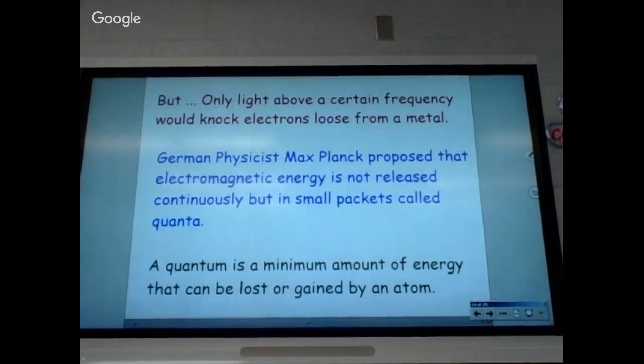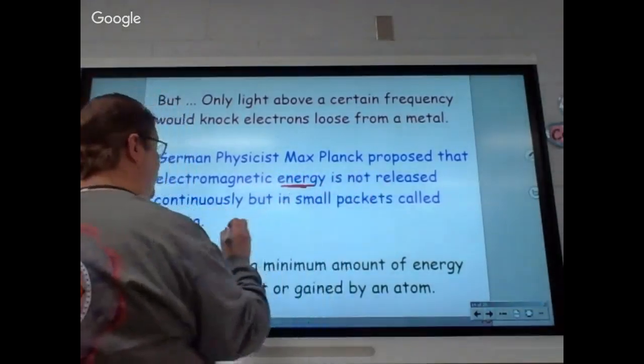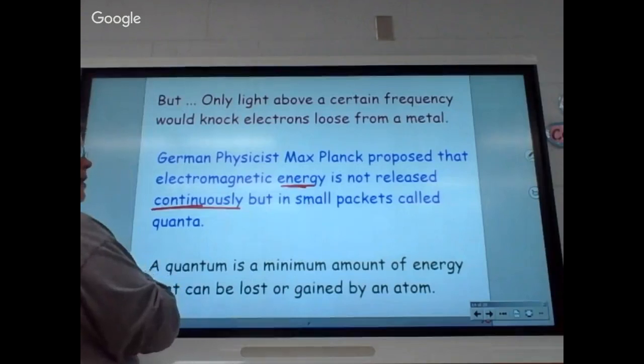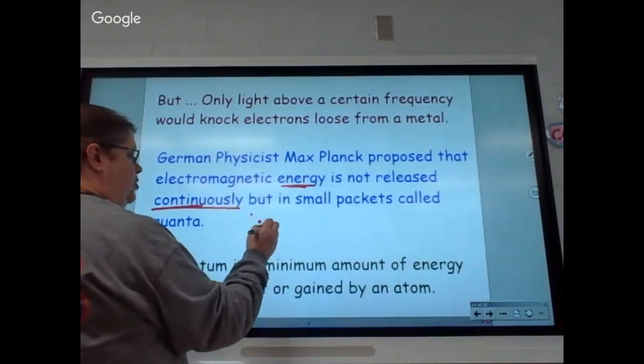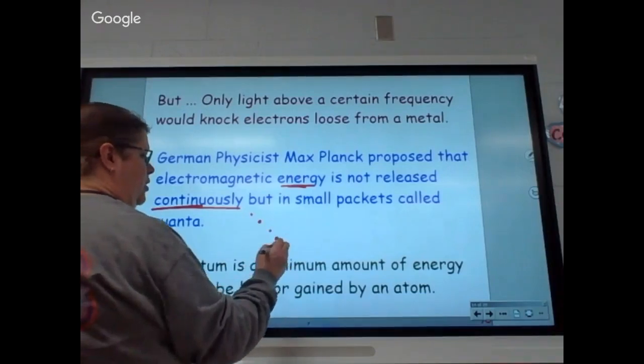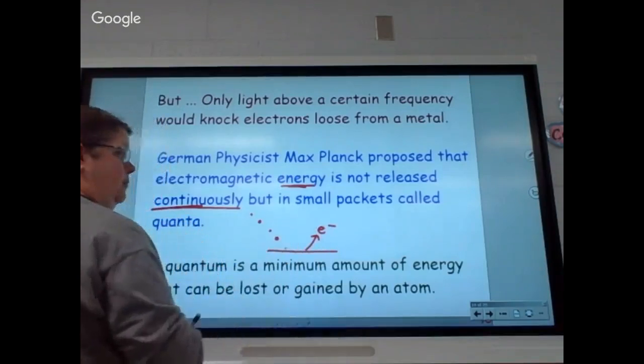So, German physicist Max Planck proposed that energy is not released continuously, but in small packets. So I drew a picture yesterday that sort of showed little dots striking the metal. And then an electron was released.